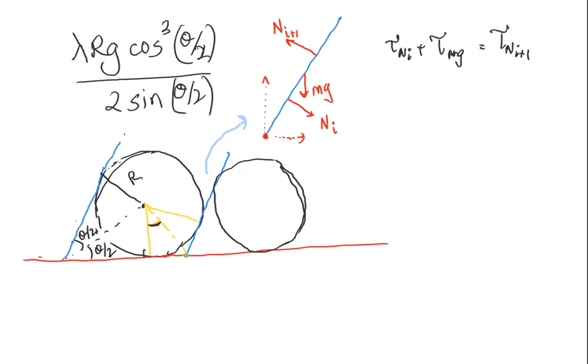Remember that this is 90 degrees, this is 90 degrees. So this will be theta by 2, this will be theta by 2. Now we are interested in finding this distance, and this distance. This distance we already know.